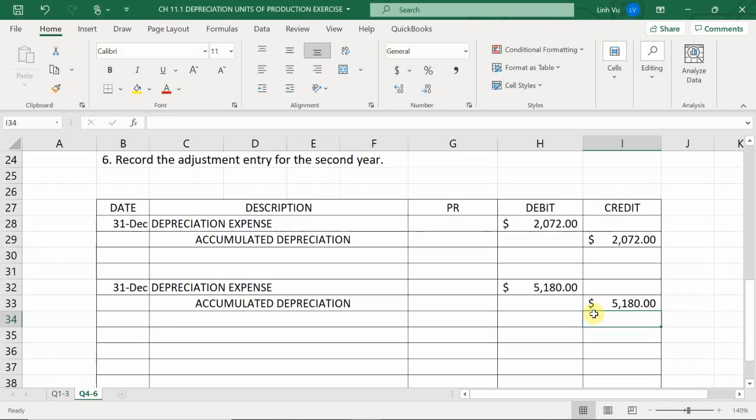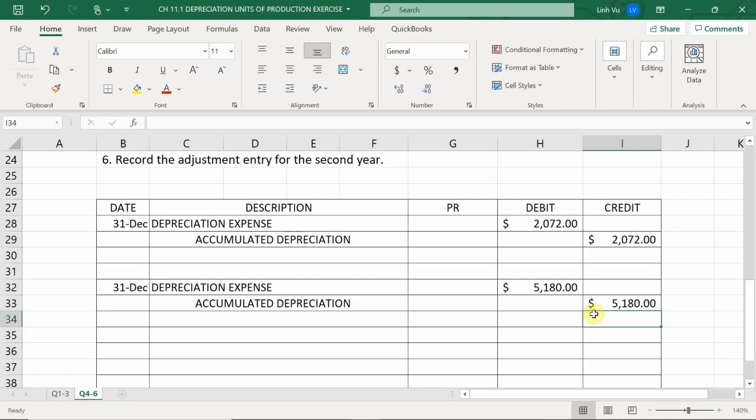Okay. Any questions in regards to the depreciation method that we learned today? Units of production. No. Okay. So again, this concept is very simple. All you have to do is plug your variables into the formula, and you should be able to solve everything just fine.